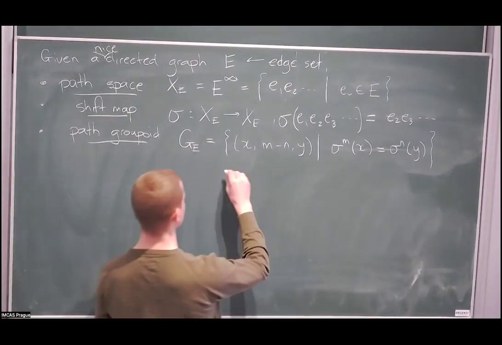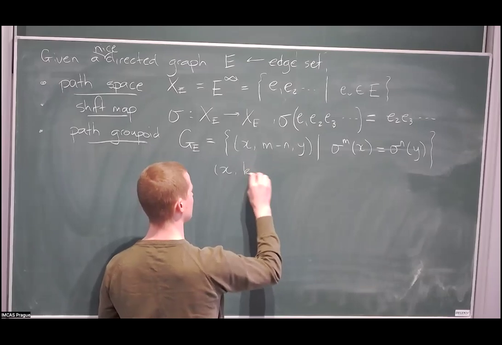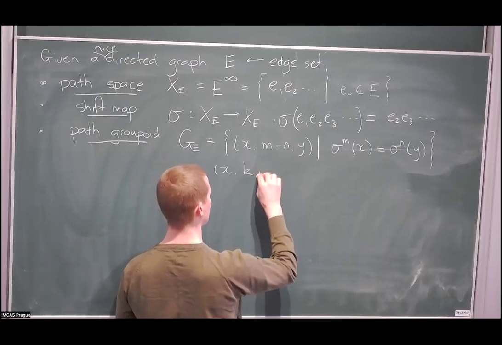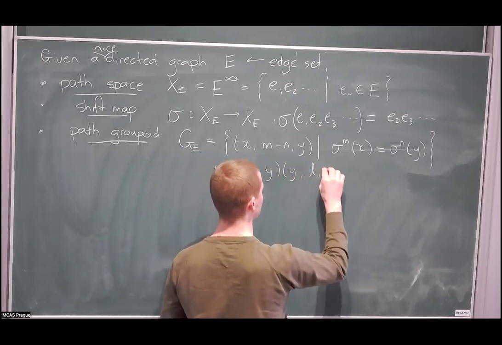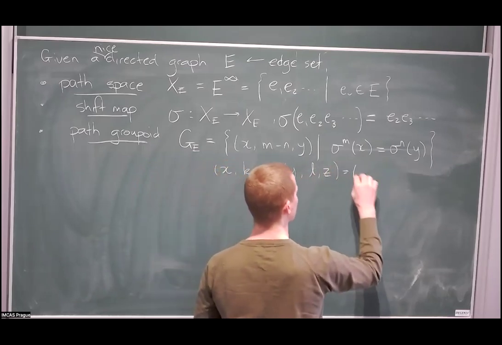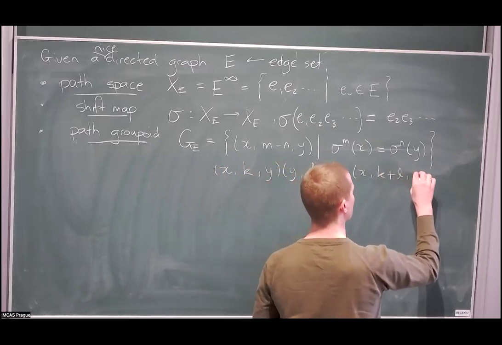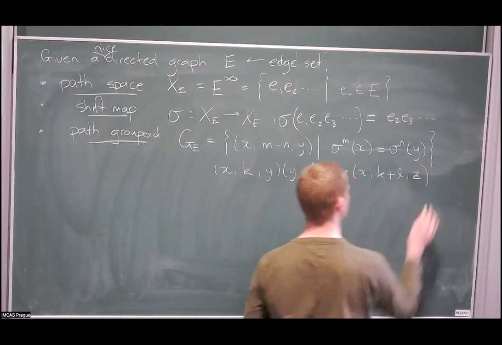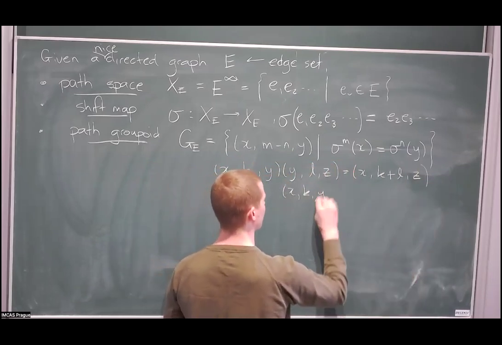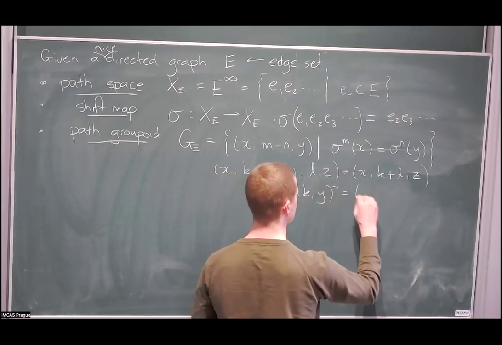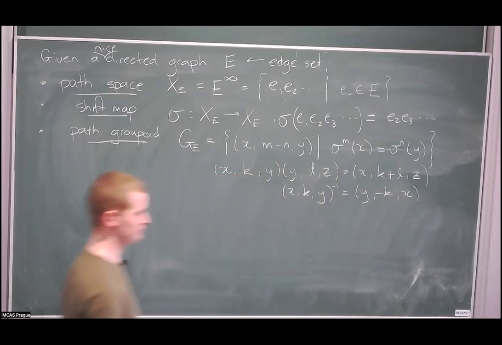With operations (x, k, y)(y, l, z) is (x, k plus l, z), and (x, k, y) inverse is (y, minus k, x).